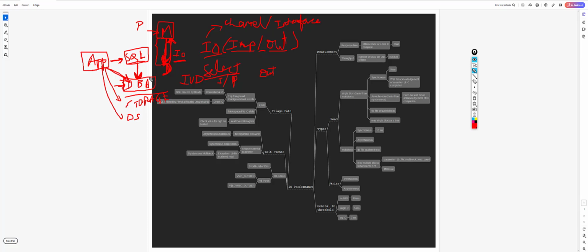And further, if still the database is not responding well, then we need to check the storage layer, right? All these layers are interconnected. The database is residing on top of the OS, and the OS has all these storage devices attached to it.